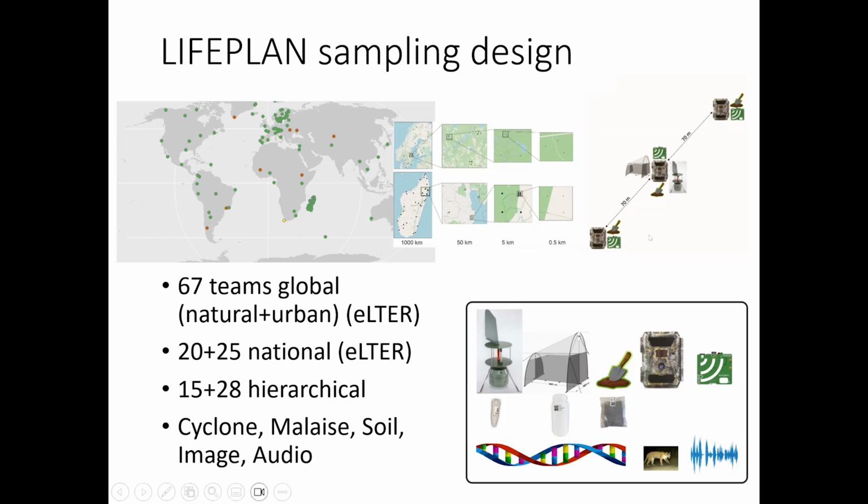We have just camera and audio and soil sampling. And these 3 physical sampling methods, the malaise and the cyclone and the soil, we identify the species by molecular methods. So we extract DNA and sequence it and identify the species by barcoding. And from the camera and audio data, we identify species by machine learning methods.